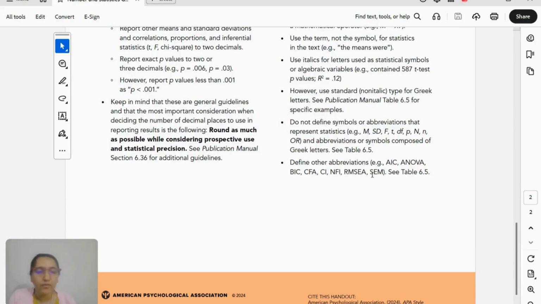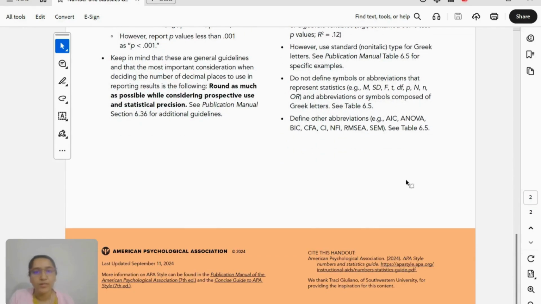And then define other abbreviations like AIC. For standard abbreviations, we don't need to define them, like OR, or standard deviation, SD, or others. But if you are using other abbreviations, such as AIC, ANOVA, or CI, then we need to define those abbreviations.